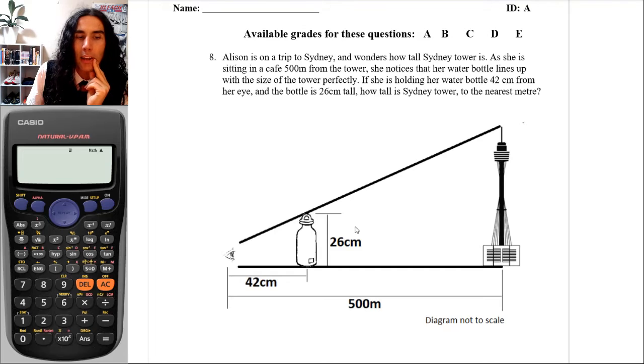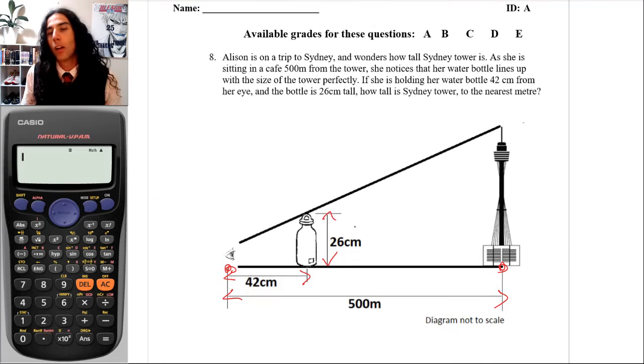She's sitting in a cafe, 500 meters, there to there. That's 500. Notice water bottle lines up with the tower perfectly. 42 centimeters. The water bottle was 26 high.